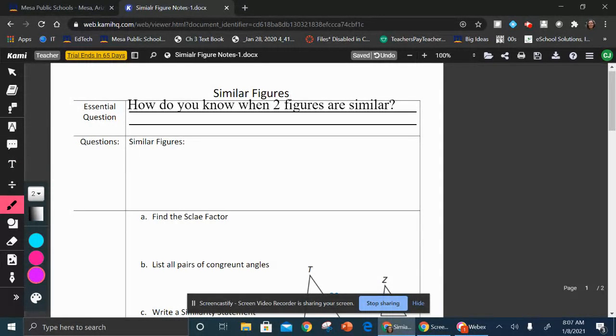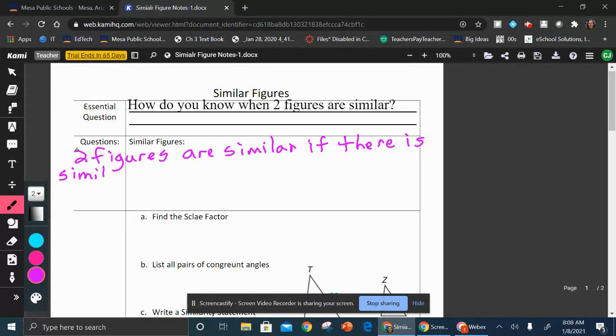Okay, so this one says two figures. Oh, yes, I can write on this better. Okay, so two figures are similar if there is a similarity transformation.